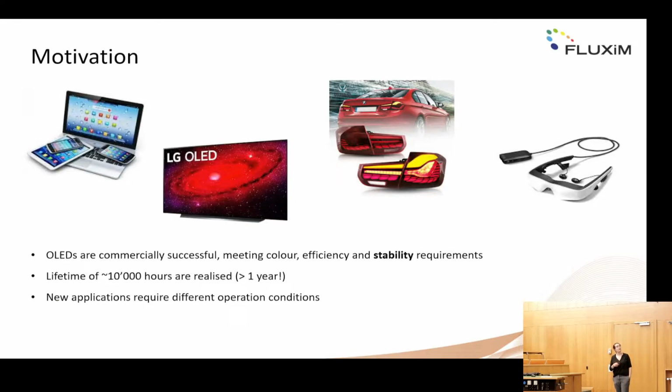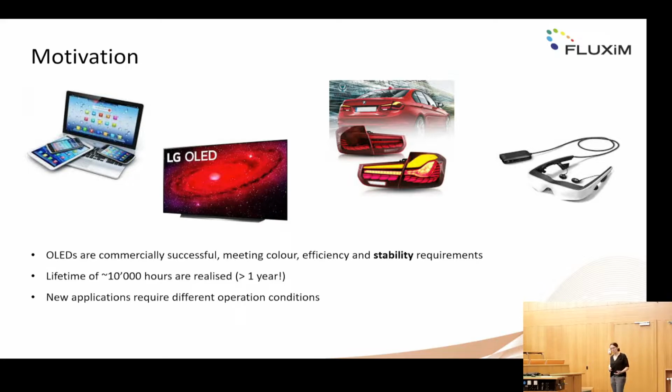You all know this nice motivation of OLEDs. They made it into consumer electronics, TVs, but recently also into cars, and future applications are here to come. We need different colors, efficiency, and some stability requirements, of course. They typically have lifetimes of more than 10,000 hours. And there are new applications.